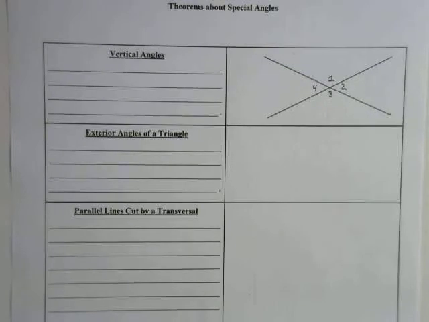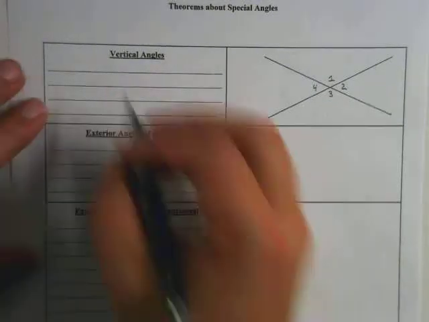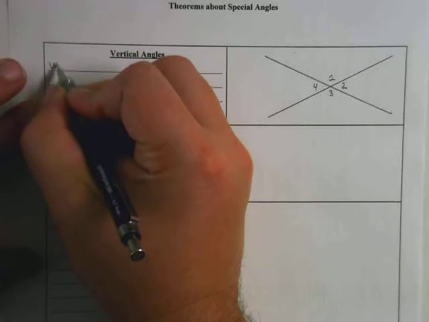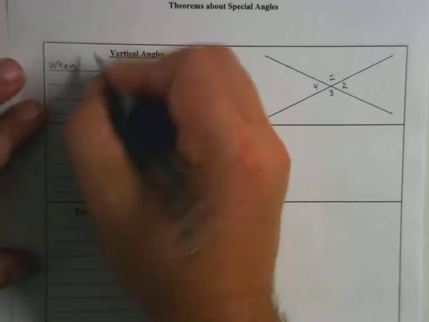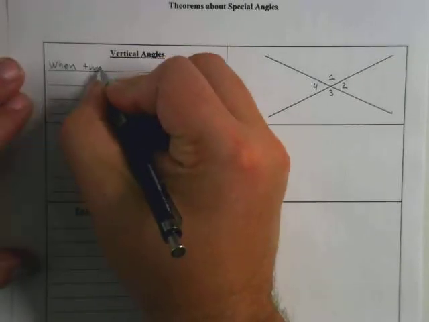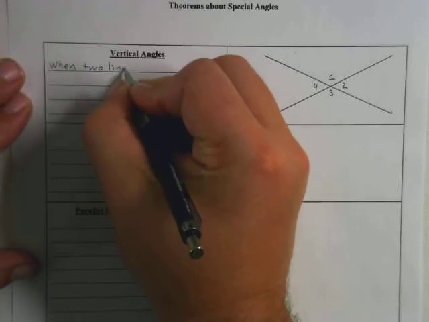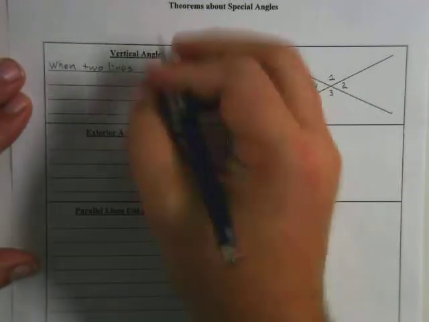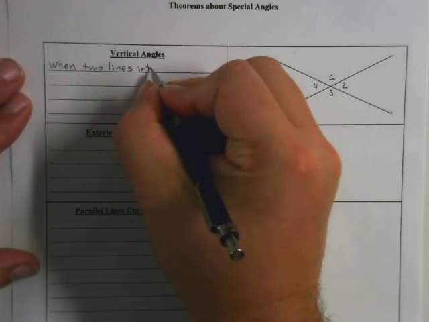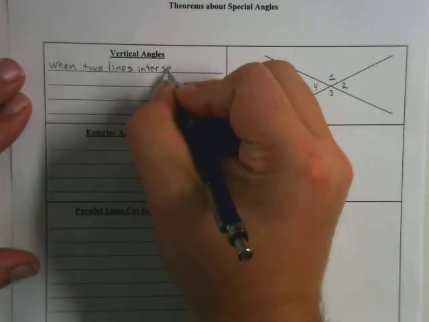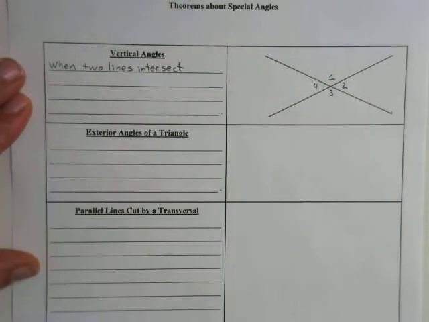So, how does this diagram represent vertical angles? So, definition for vertical angles. Vertical angles are when two lines intersect. Okay.